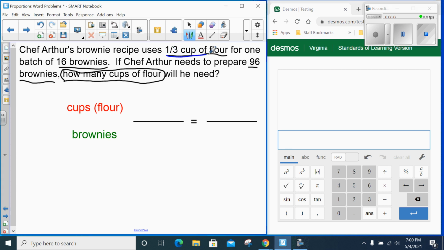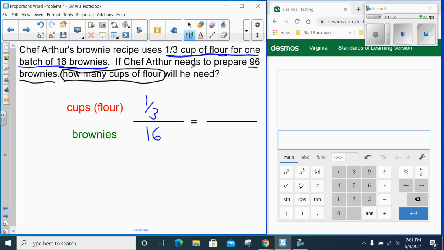So they told me 1/3 cup of flour was used for a batch of 16 brownies. So when I write 1/3, I'm going to write that with cups of flour, and that made 16 brownies. So the 16 is going to go right underneath, next to the label that says brownies.